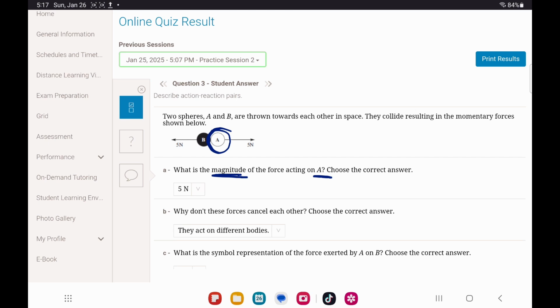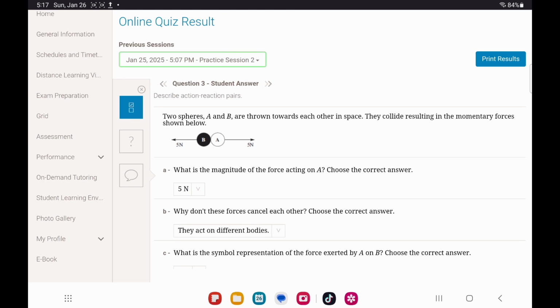It's showing you 5 newtons. Now, why don't these forces cancel each other? Because we didn't say 0 newtons here. This gives you a clue that it isn't 0 newtons because they don't cancel. If they said it cancels, that means it's 0 newtons. So let's see. Why don't they cancel each other?